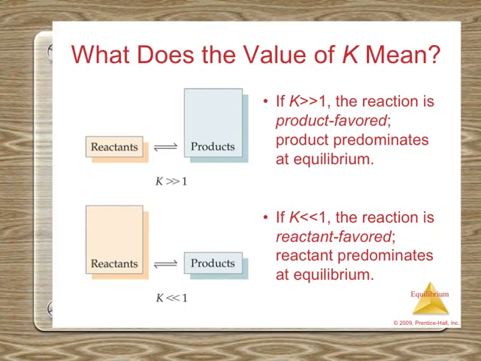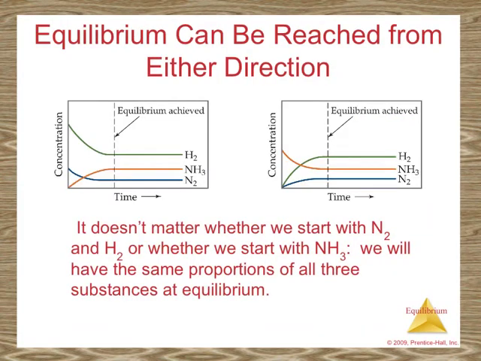And by the way, even though these reactions are reversible, we're still going to consider whatever is on the left side of the equation as being reactants and whatever's on the right side as being product. Equilibrium can be reached from either direction. It doesn't matter whether we start out with products or reactants.